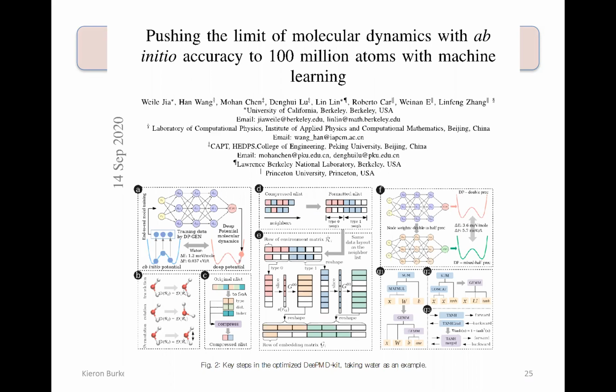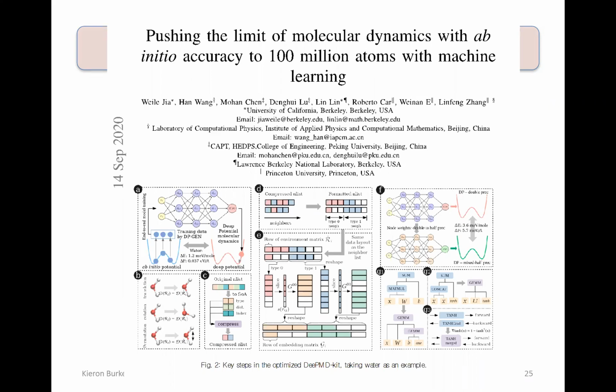And they were doing simulations of water, running DFT calculations, but then they were learning a potential on the fly for the water simulation. And in their methodology, whenever the MD comes to a place where it doesn't trust the force field, it goes back and does a DFT calculation and updates the force field.